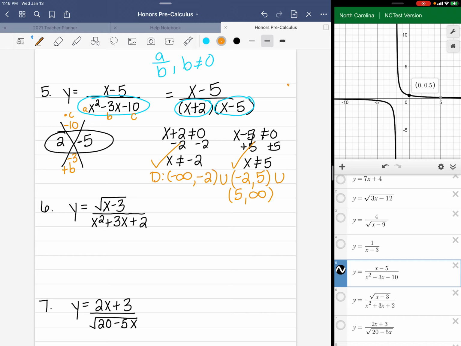So let me show it to you graphically for a second. So we're going down our problem. So negative infinity to positive infinity, but we see that we're going to approach that -2 value. So now it's going to jump over to the other side, and I'm going to go from -2 until I get to 5, and there's a hole there. So I'm going to start back on the other side of 5 and then go to positive infinity.